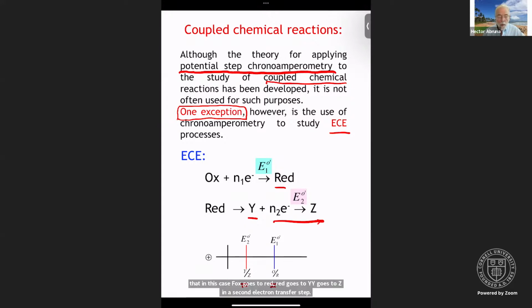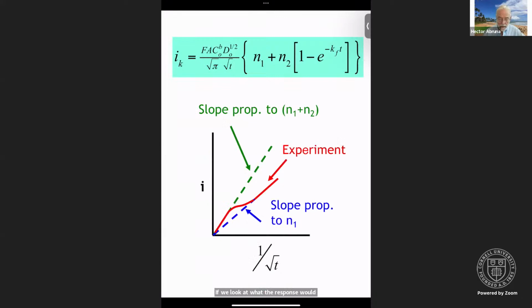If we look at what the response would be, this is a little bit involved, but if you think about it, this is the Cottrell equation where we have taken out the number of electron transfer.